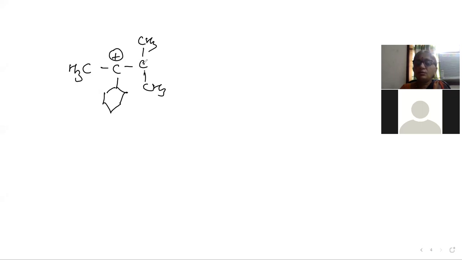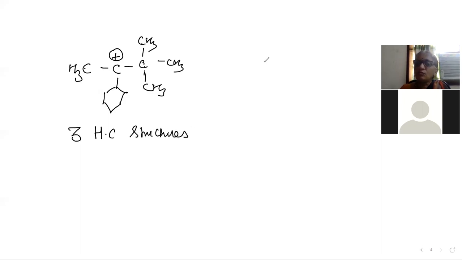Then only we can involve it in hyperconjugation. In this, a directly connected hydrogen is not there. After this carbon, only the next carbon has hydrogens. So on the right hand side, no hyperconjugation is possible. But on the left hand side, the connected carbon has 3 hydrogens. So we can write 3 hyperconjugative structures for this.